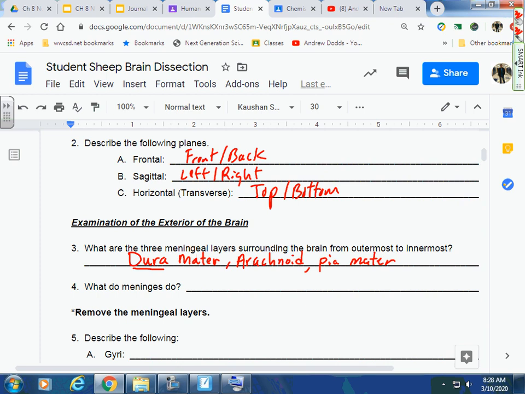The meninges protect and support the central nervous system only, right? Everybody good with that?